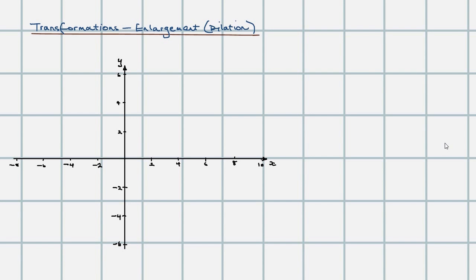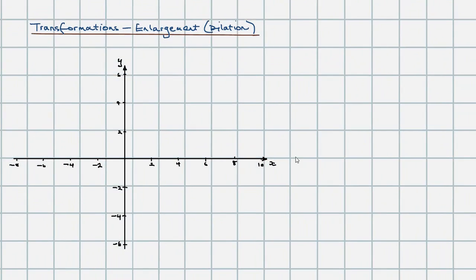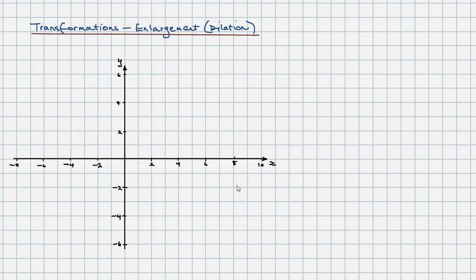The only time when an enlargement won't move, it just expands, it just gets bigger or smaller, is when the center of enlargement is right over, in fact, in the middle of the object. However, for lots of situations, that's not going to be the case, so we expect a movement as well as the expansion, the enlargement or the contraction, the shrinking down.